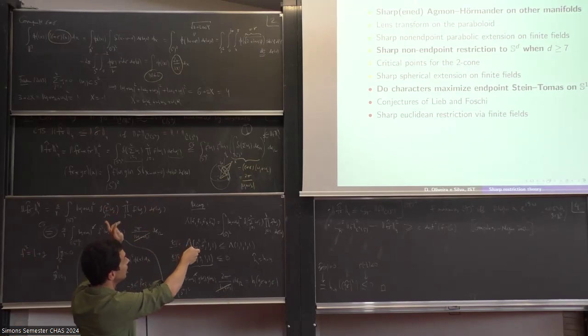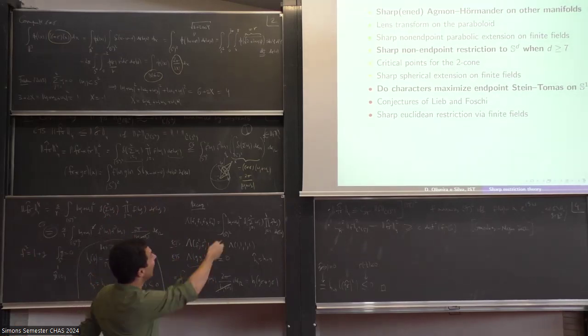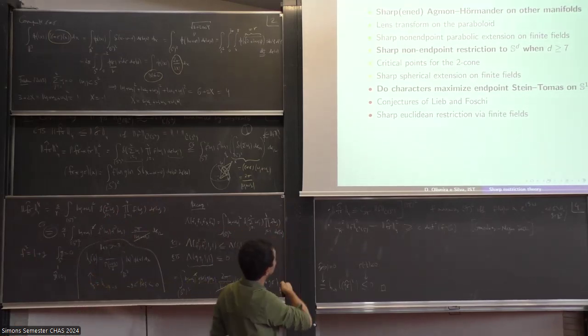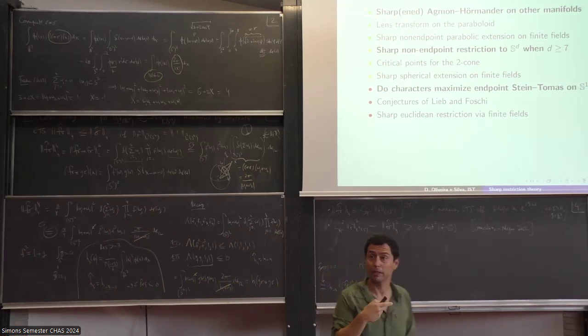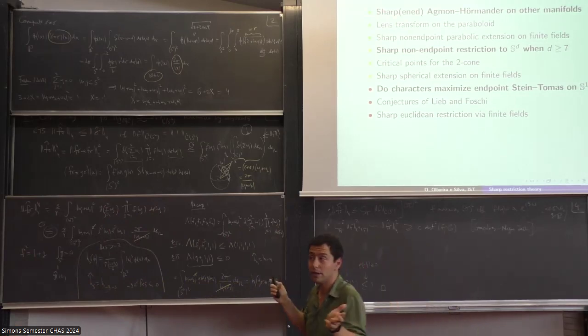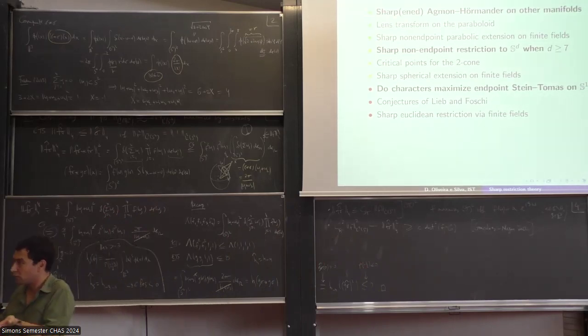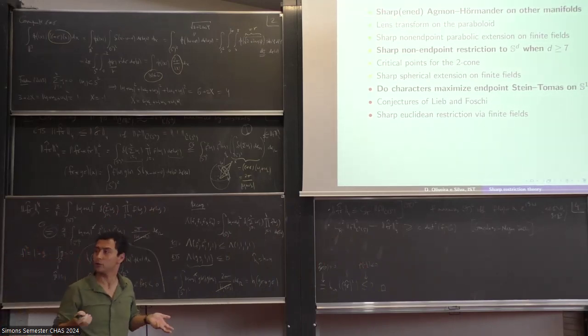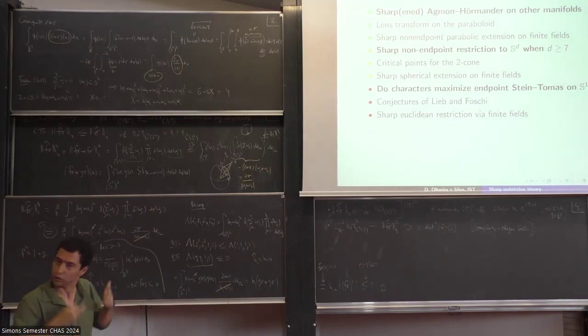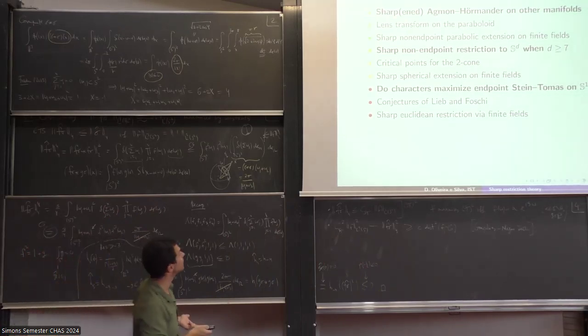So I have three problems that I think are good problems. The green, yellow, and red, you probably guess what that means. So a green problem would be to get sharp inequalities on other manifolds, not just spheres. Even higher codimension spheres is open. I think that's quite a tractable problem and very, very interesting because fun stuff happens.